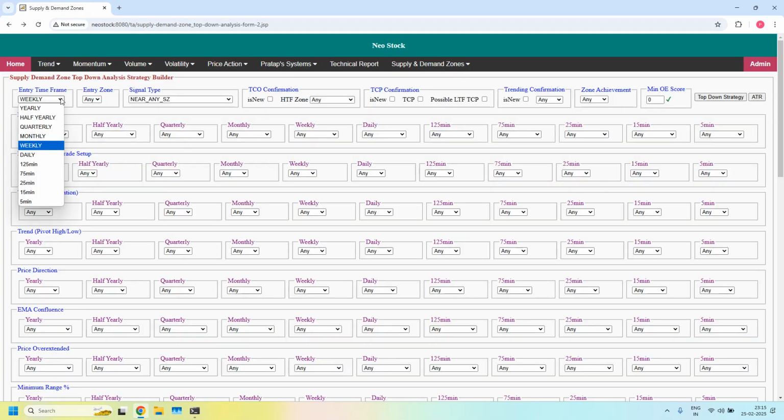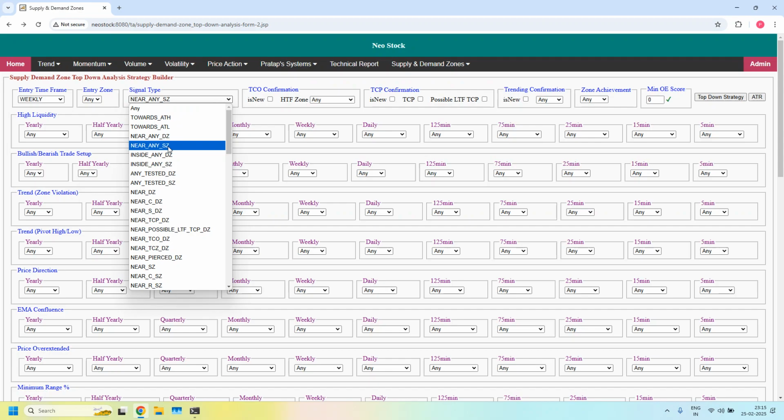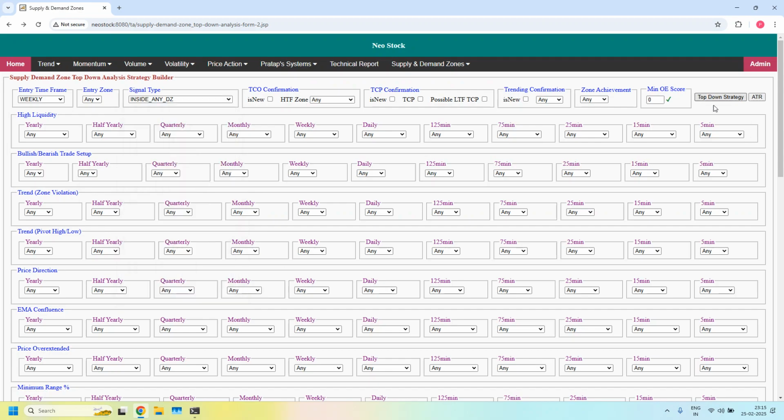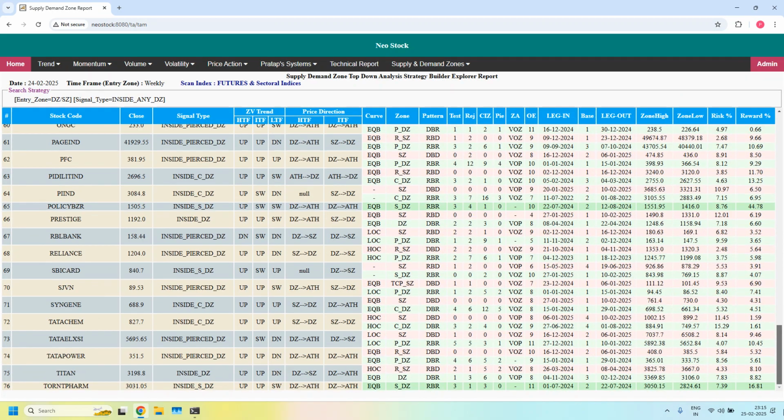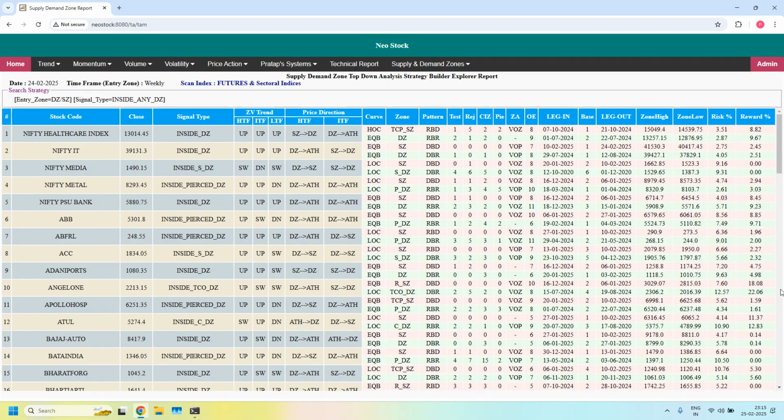Next, weekly time frame. Price closed inside the weekly demand zone. We got 6 stocks. First 15 stocks in the list. Let me quickly scroll the list down, then I will further filter with EMA Confluence.